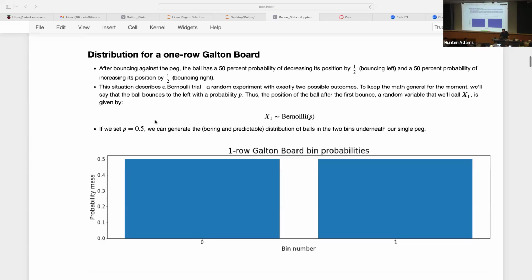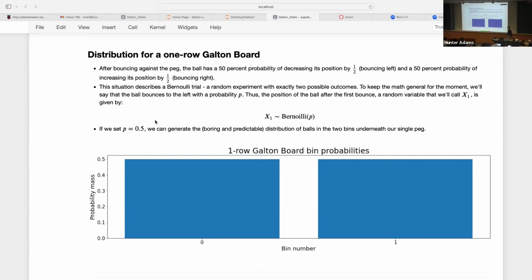So for a 1-row Galton board, what we have is a Bernoulli trial. We have a random experiment with 2 possible outcomes, bounce left or bounce right. In an idealized Galton board, those probabilities are 50% left, 50% right. And we can generate the distribution of balls in bins for a 1-row Galton board.